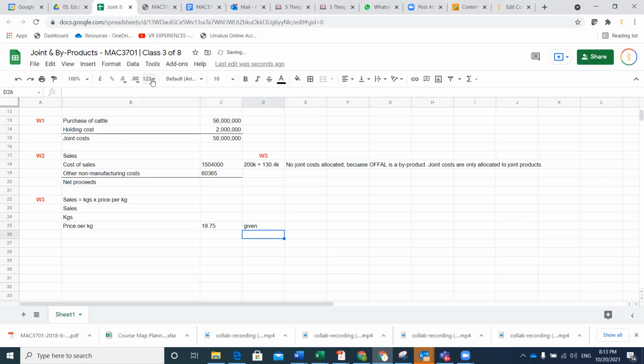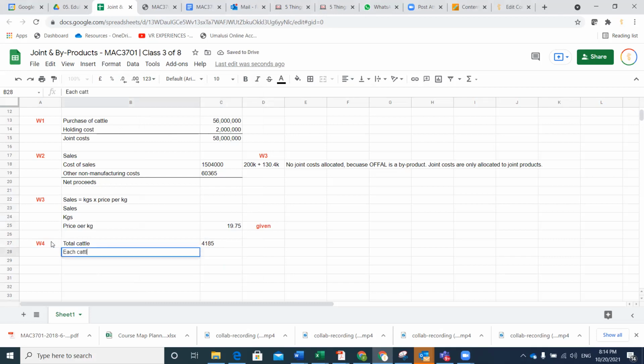You don't have to put all of this given and stuff in, but just so you can see. Okay, now we need to work out the kgs. Okay, so total cattle 4185. So it is the total number of cattle.